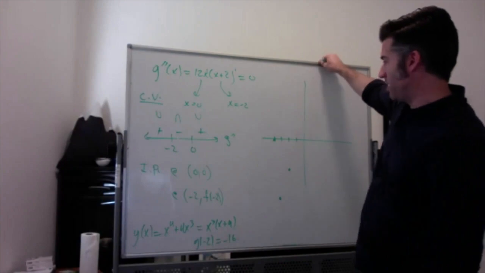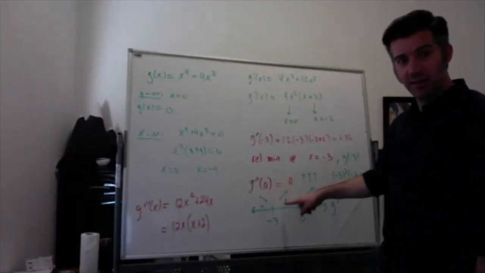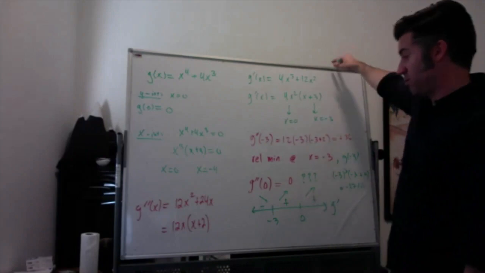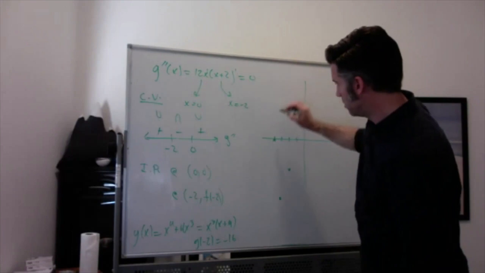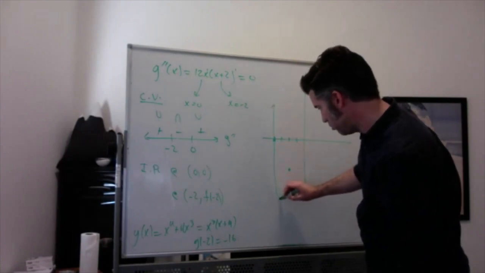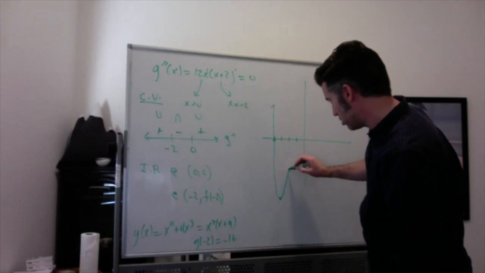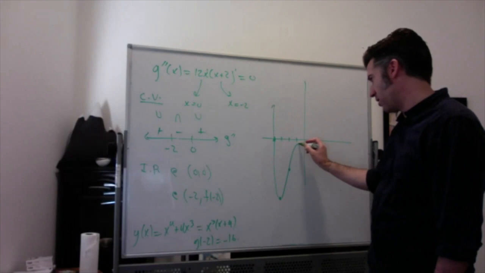And then I need my sign chart. So I'm decreasing until I get to -3, and increasing after. So watch this. I'm decreasing, and then I stop being concave up, and I start being concave down.